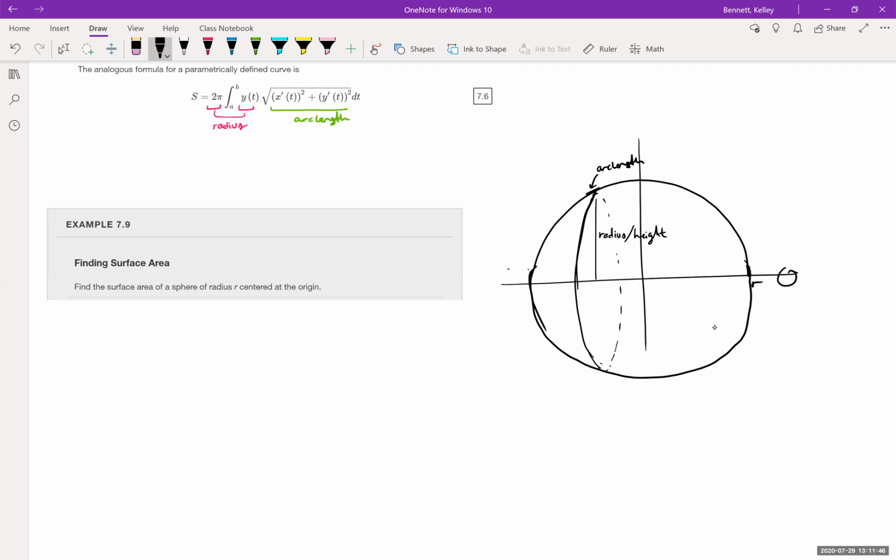So if I want a circle of radius r, I need to have x of t be r cosine t, and I need y of t to be r sine of t. And because I only want the top half of the circle, I need to let t go from 0 to pi, not 2 pi. So now that I have this set up, so this is the semicircle.